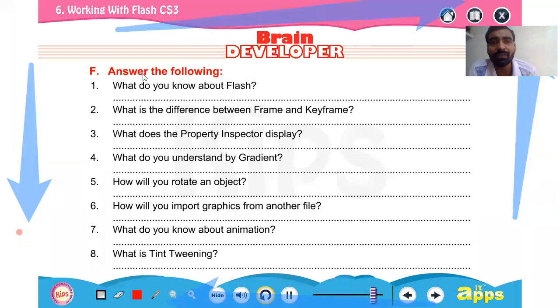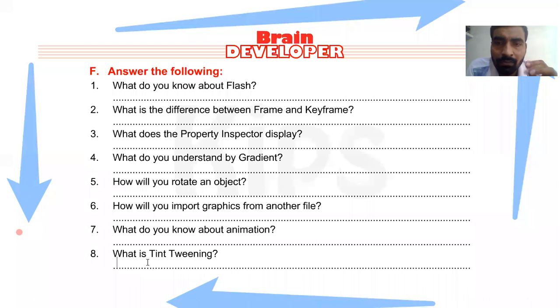This is answer the following, not the other question. One exercise in the book is to answer in one word, and one word is different. That is not this question. Read properly and then answer, okay?